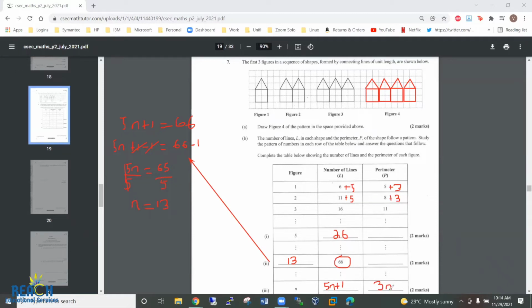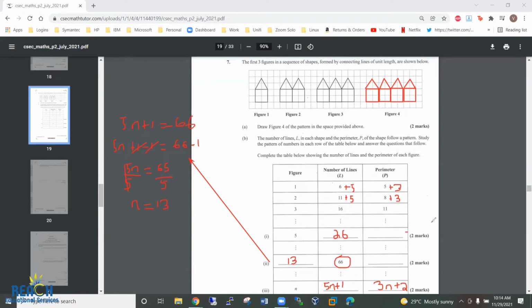Now we have 3n. If n is 1, 3 times 1 is 3, but the perimeter is 5, so what do I do to that 3 to make it 5? I add 2. And that is my general formula.